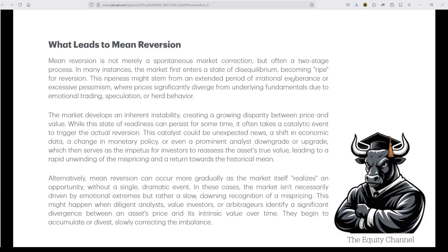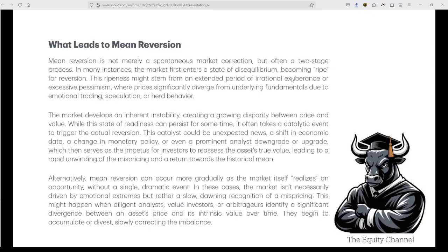Now, the market develops an inherent instability, creating a growing disparity between price and value. For the most part, at the core of mean reversion strategies is instability and mispricing. Right?